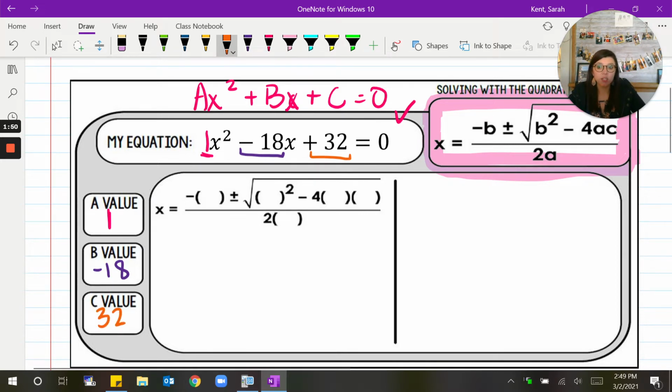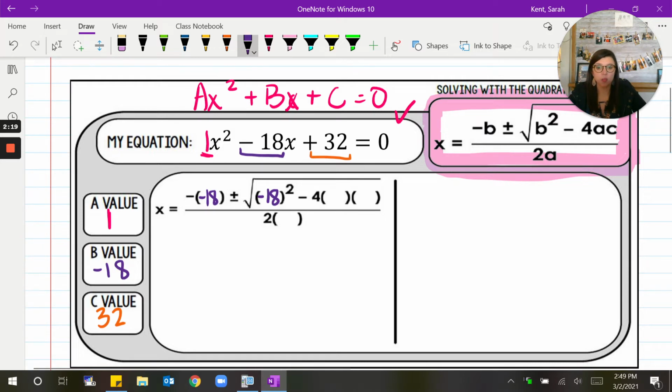So what I'm going to do is use these numbers to fill in the blanks. The first letter I want is b. So in this first group here, I'm going to take my b, which is negative 18. In the second blank, I want b again, so I'm going to fill in negative 18. Then we've got minus 4, and it says minus 4a, then c.